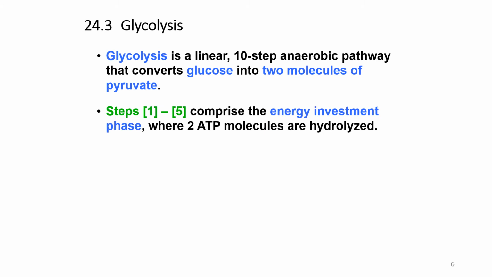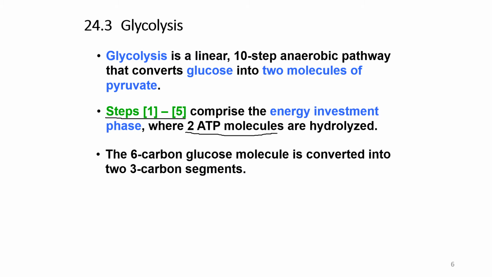We can break down glycolysis into 2 phases. Okay. There is the energy investment phase, which comprises steps 1 through 5. So we have to utilize 2 ATP molecules. So we have phosphates hydrolyzed from those ATPs, and ADPs are released.